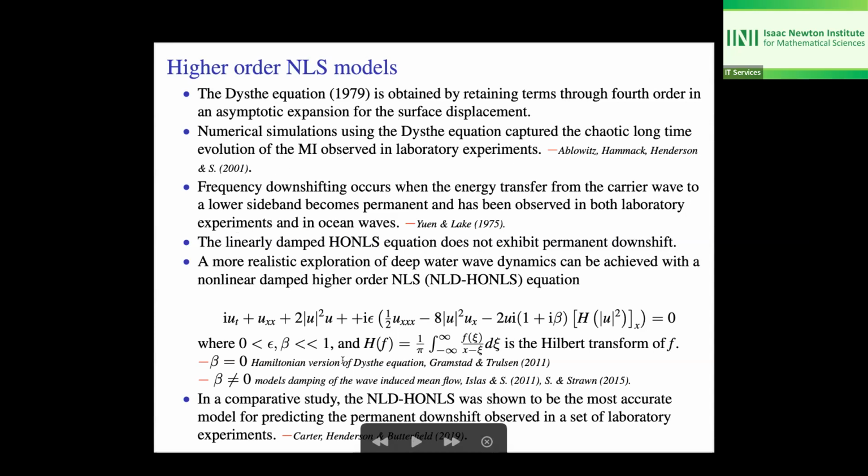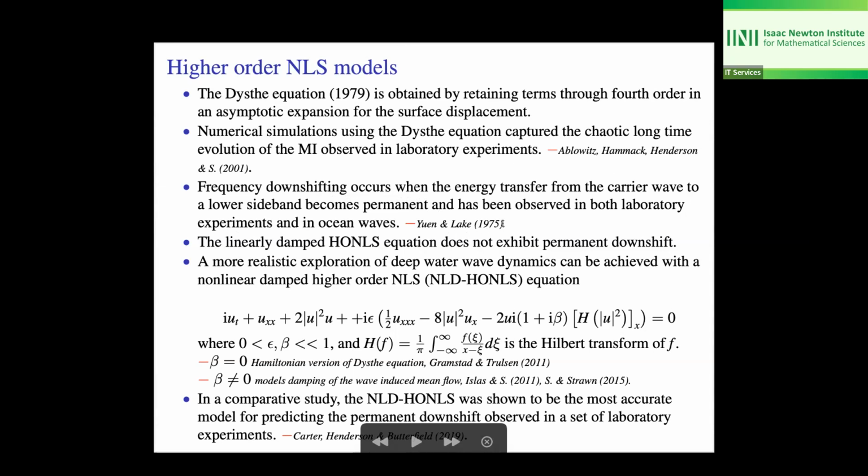And so another phenomenon related to the modulation instability is frequency downshifting. And this occurs when the energy is transferred from the carrier wave to a lower sideband and the shift becomes permanent. And this has been observed in both laboratory experiments and in ocean waves.